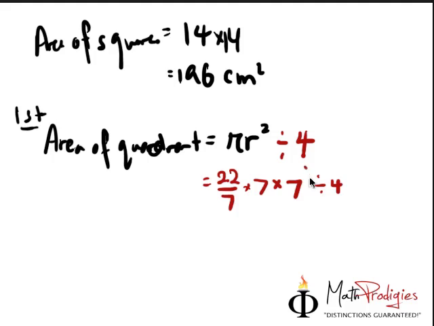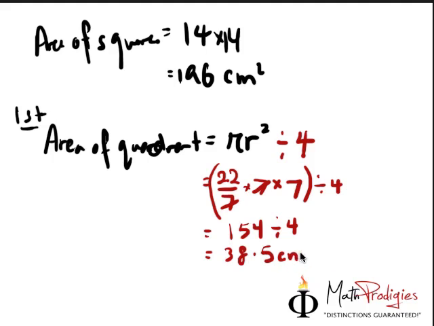So just to make sure that I don't get confused, I'm just going to put a bracket around this. So cancel this, you get 22 times 7, which gives you what? 22 times 7 gives you 154, sorry. 154 divided by 4 is going to give you the area of a quadrant, which is 38.5 cm squared.